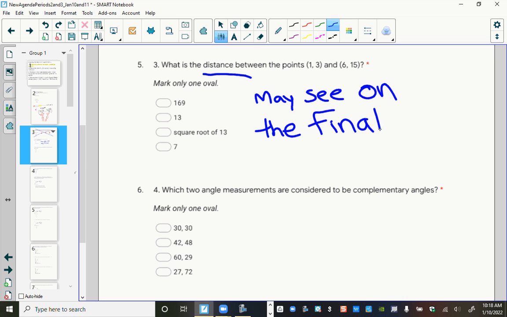That's all you're going to write for that problem. Number 3 and number 5, just write "Maybe on final." Just write exactly what I told you. The distance, maybe on the final, you're not going to get on a midterm.